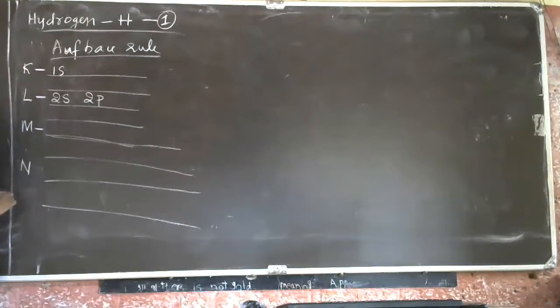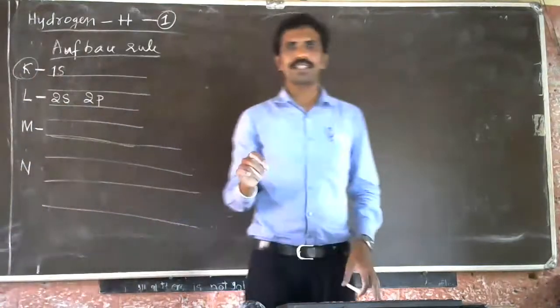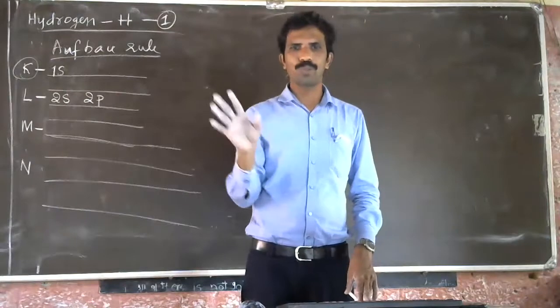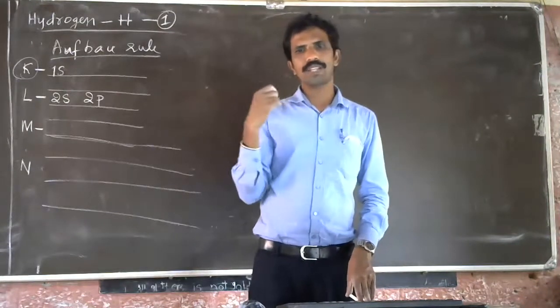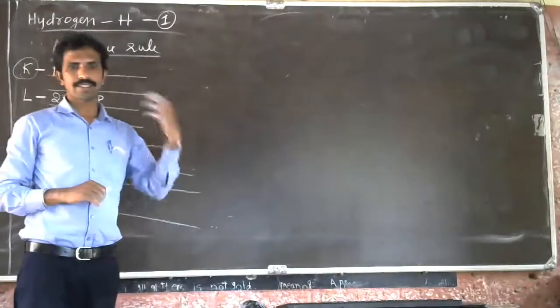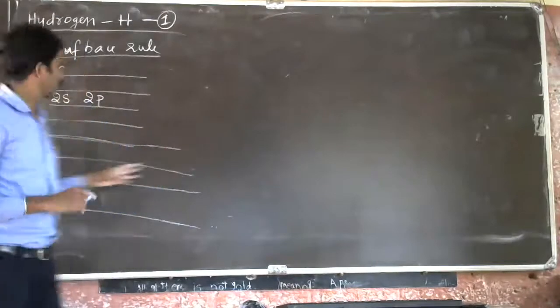Like this way we write. Those who don't know how to write the electronic configuration, or those who have forgotten, please listen over here. This is a very important concept. You need this always to study chemistry.